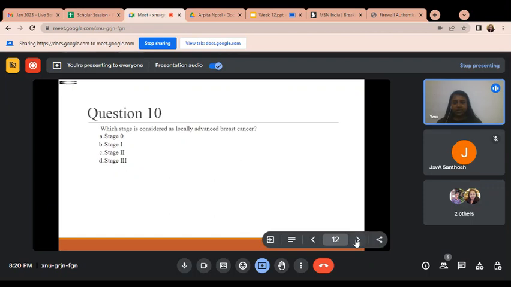Then question number 10 is which stage is considered as locally advanced breast cancer? So locally advanced breast cancer is stage 3. Then the next question is stage 3 of breast cancer is divided into subcategories of dash.